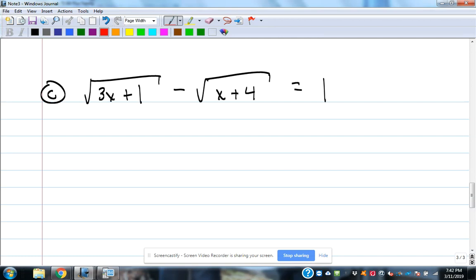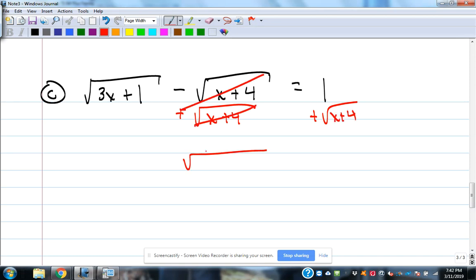So eventually I'm going to be able to get rid of both of them. But I'm going to start by doing this. That gets me the square root of 3x plus 1 equal to square root of x plus 4 plus 1.